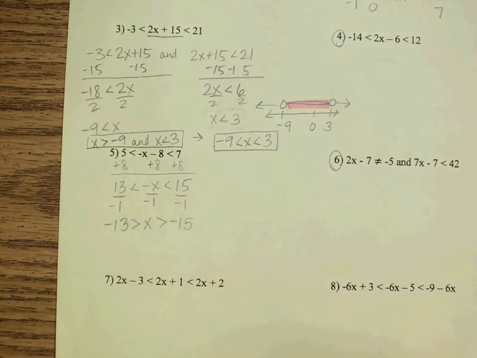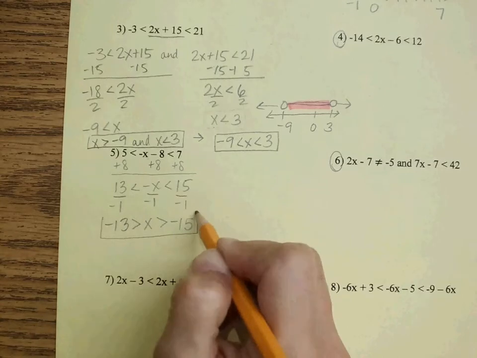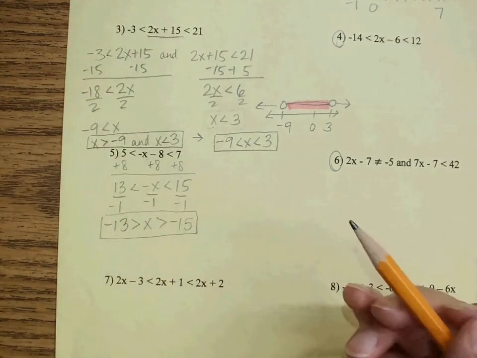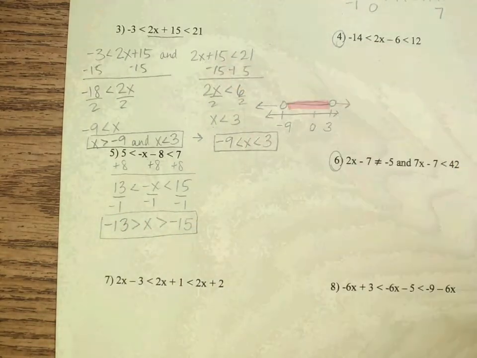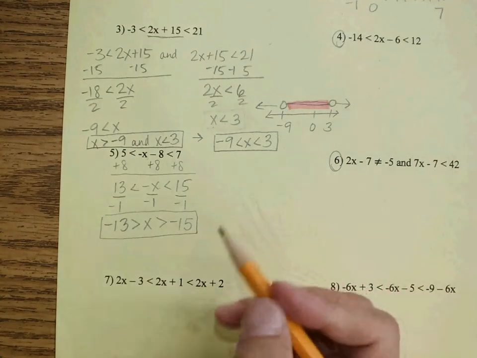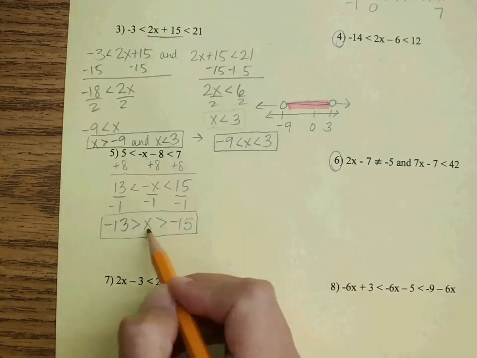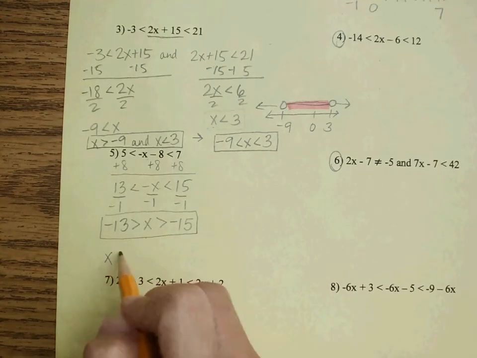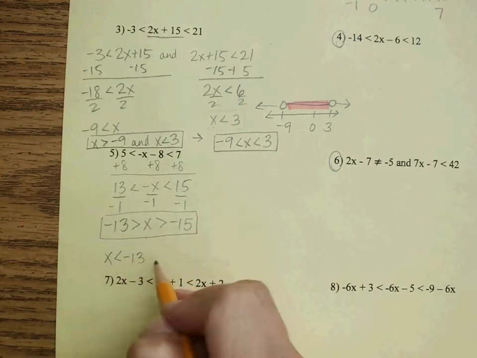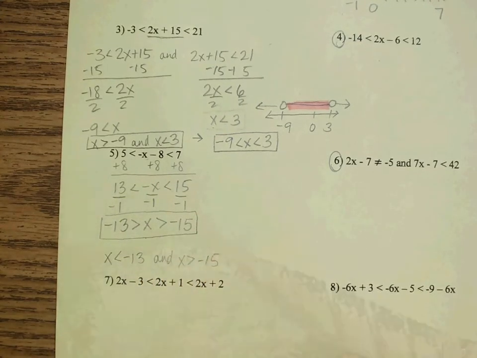Like so. I'm just showing you a different way of solving. If you did not, you can go ahead and keep doing it like we did for number 3. And we'll practice both ways next time I see you in class. The other thing you can do from this step is rewrite it with the variable first. So I have x is less than -13 and x is greater than -15.